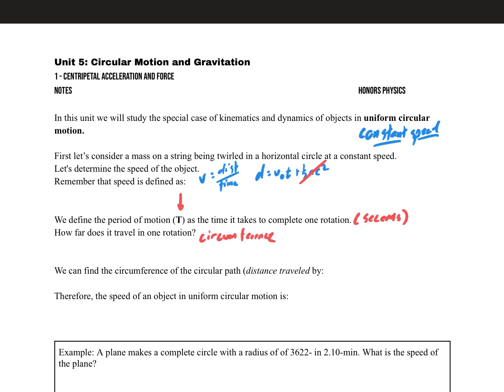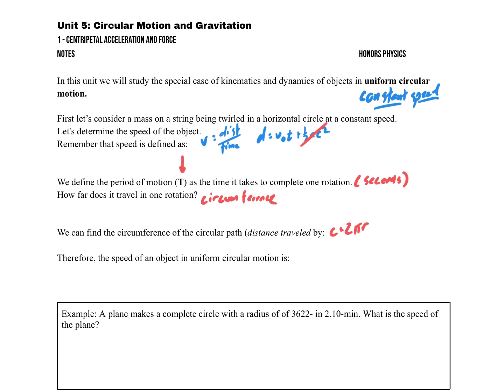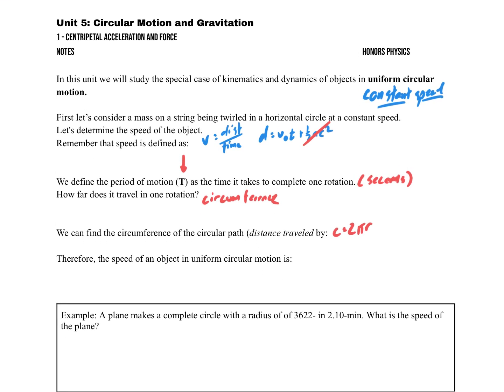So everything is going to have to be in seconds here. And then we know the circumference is 2 pi r, of course. So therefore, the speed of an object in uniform circular motion, if we use velocity is distance over time, is going to be 2 pi r over big T. That's the format we want to use.